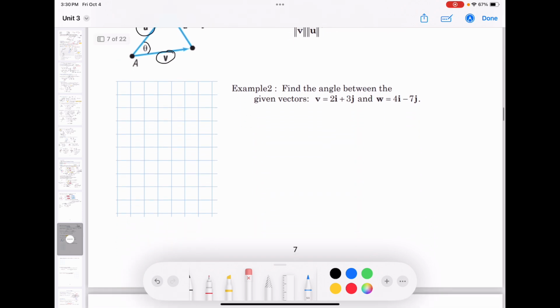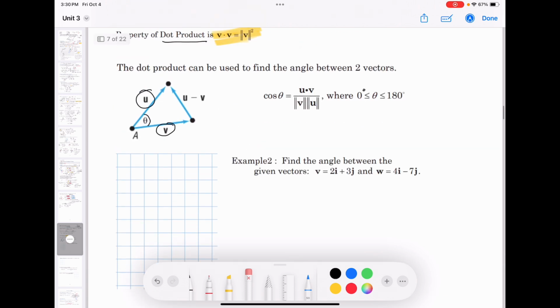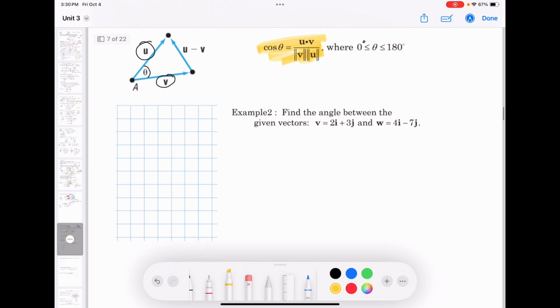Example 2: find the angle between the given vectors. So what is the formula? We have the formula here. We can highlight it. What do I need if I'm looking for theta? I need to find the dot product between u and v and the magnitudes of u and v.